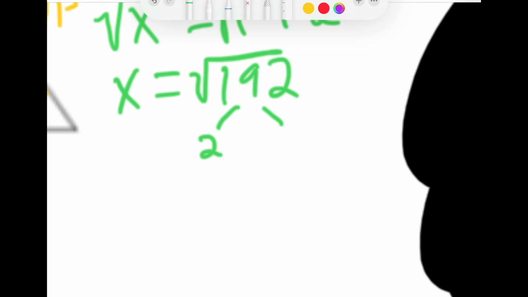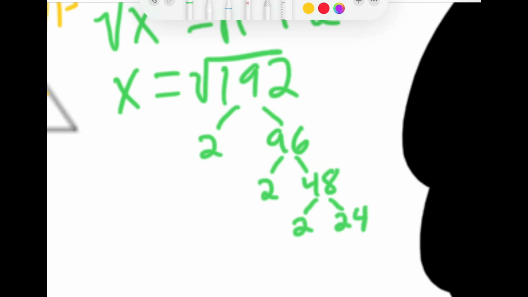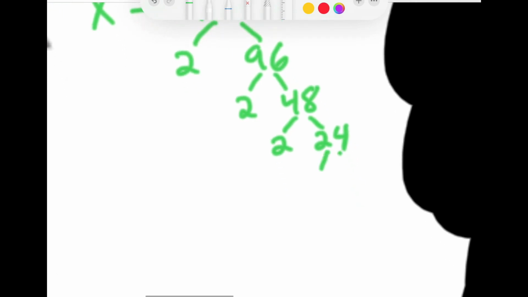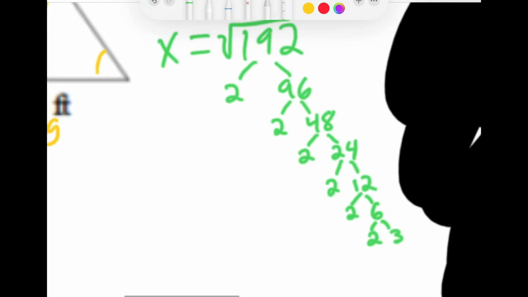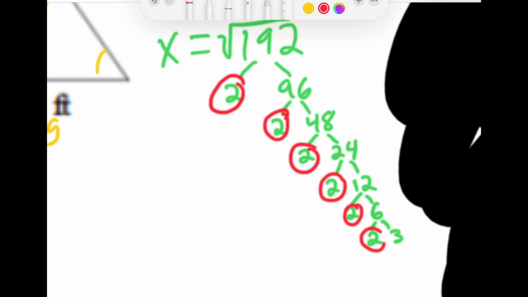So we got 2 times 96, 2 times 48, 2 times 24, 2 times 12, 2 times 6, and 2 times 3. So those are the prime factors of 192.